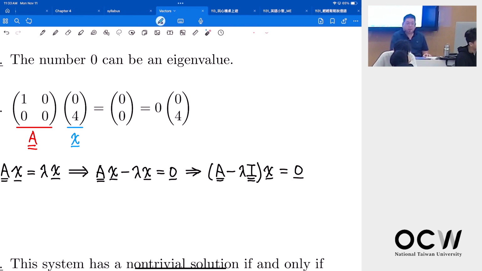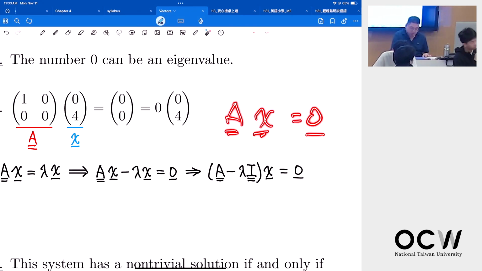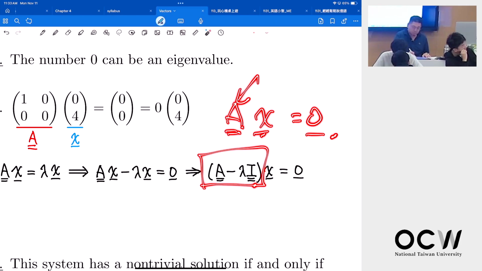In the beginning of the class today, we said that for Ax equals 0 to have a non-trivial solution, this matrix should be singular. So this matrix should be singular.